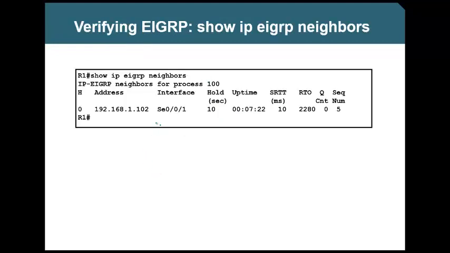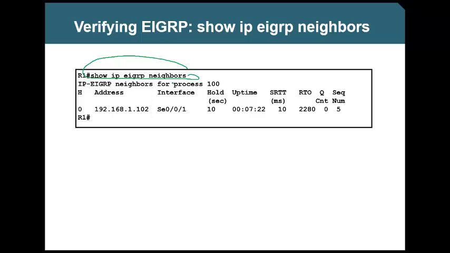See, show ip eigrp neighbor. This is the classical way of verifying. I told you we can configure EIGRP in 2 ways. The classical way, which we are discussing now. The new, modern implementation way, I'll be doing in our demo.